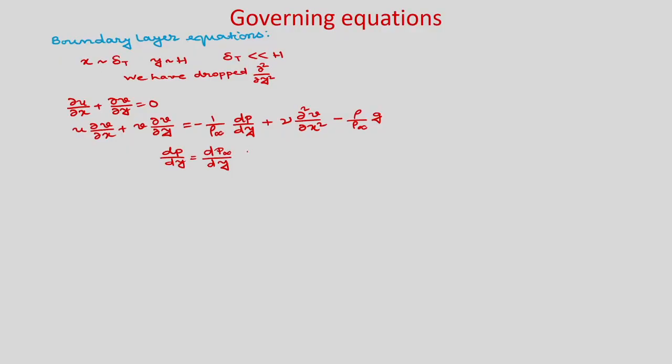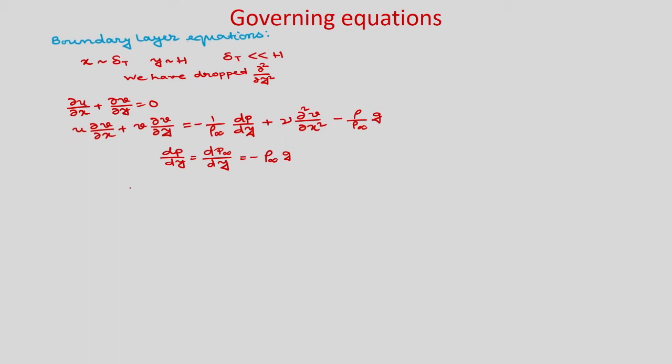Now in the quiescent medium, you can write the hydrostatic pressure. So, what will be the dp infinity by dy? This you can write as minus rho infinity g, from the hydrostatic pressure distribution.